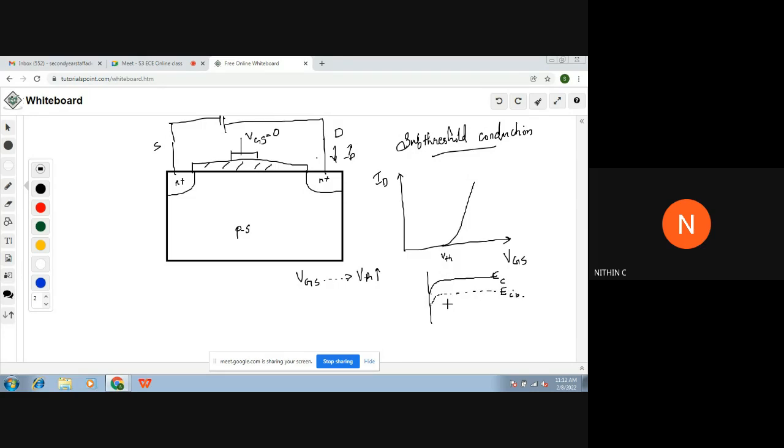EIB, EF, EV. Okay, this was actually our graph for inversion, അല്ലേ?